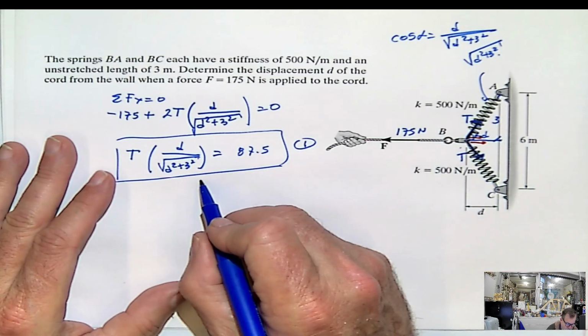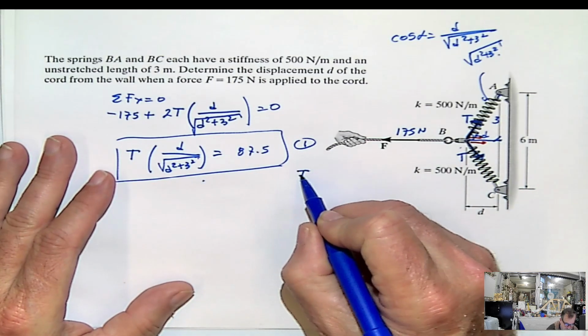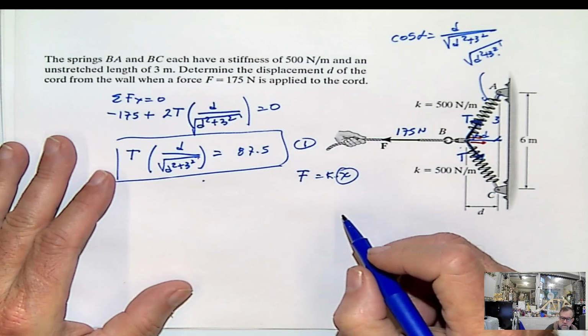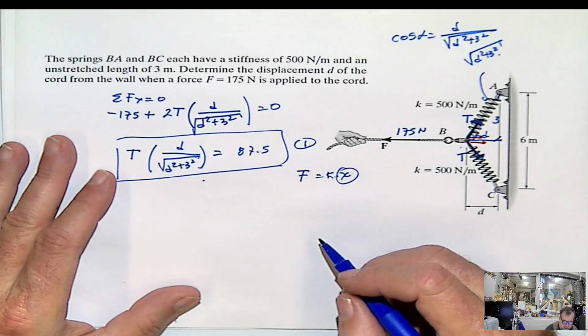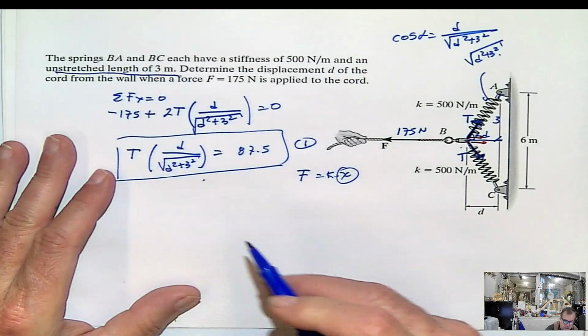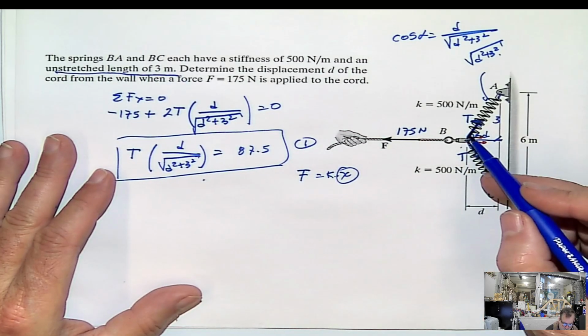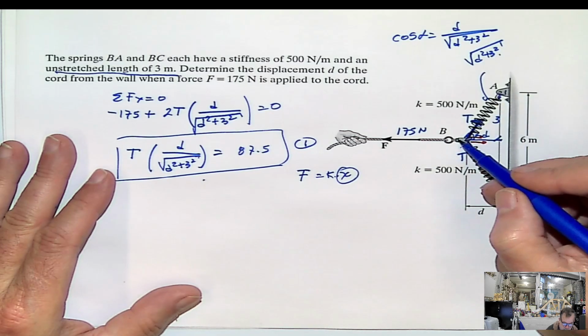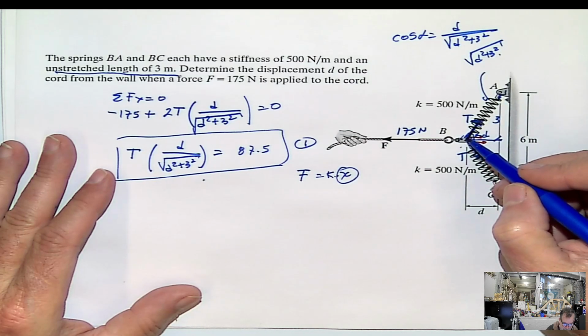Because you remember, force equals, for the spring, K times X. And X is the stretching of the spring. We know the unstretched length of that spring, 3 meters. And we know from our diagram the overall stretched length at this point in time.